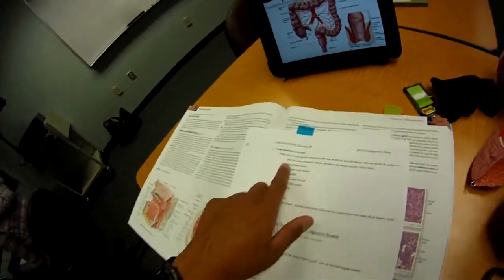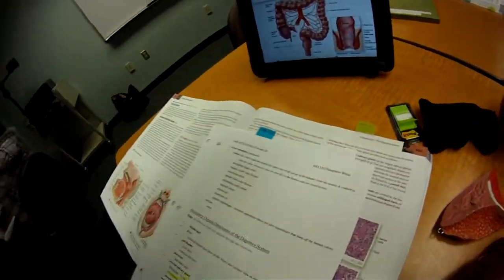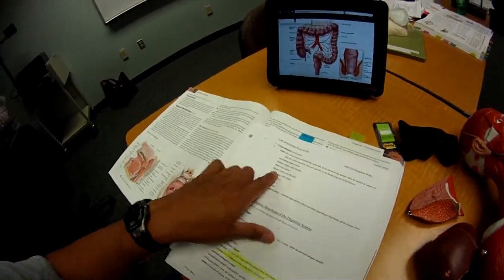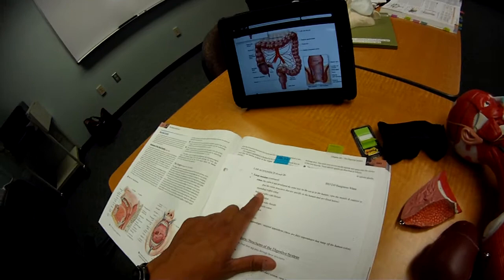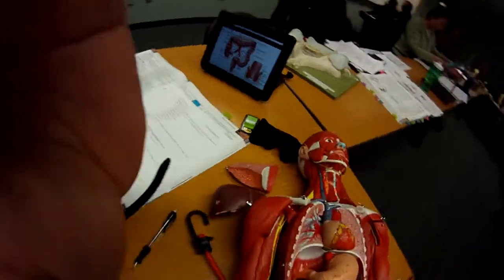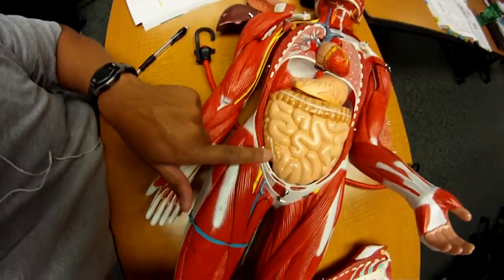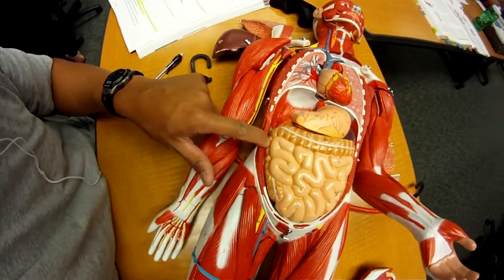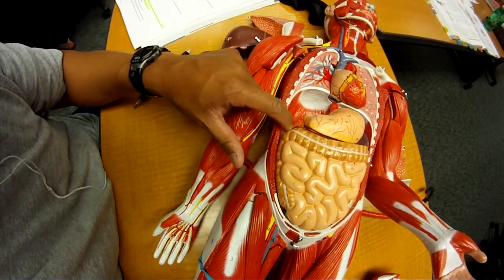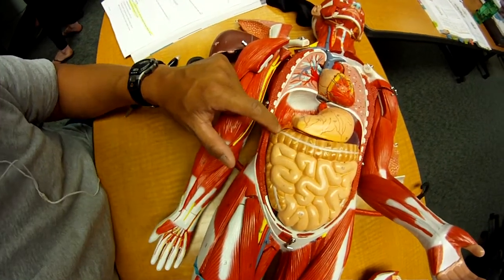Okay, this is the fun part. Now we're gonna be following where all the food, nutrients, and everything else leaves all the way up to the butt, the anus. So this is the large intestine, the colon. The ascending right colon, which is here. When the food goes into the small intestine, it comes up here to the ascending colon. And then this curvature right here, where it bends, is the hepatic flexure.